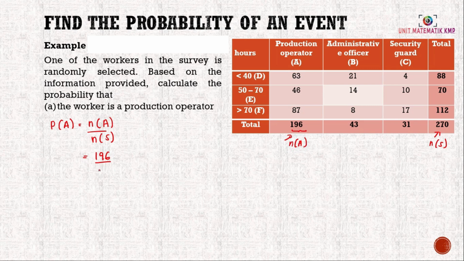So the total of workers is 270. And then check your calculator whether it can be simplified. So you can get 98 over 135. So this is your answer. The probability of the worker is a production operator.